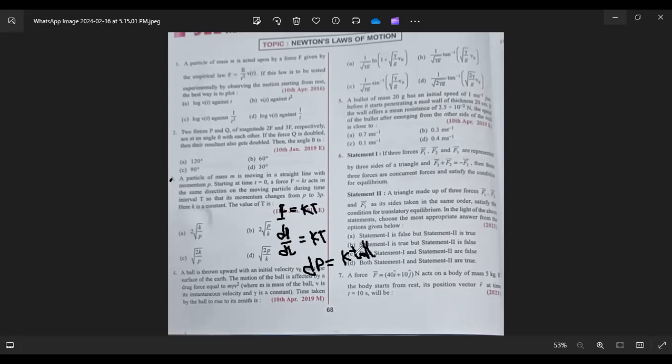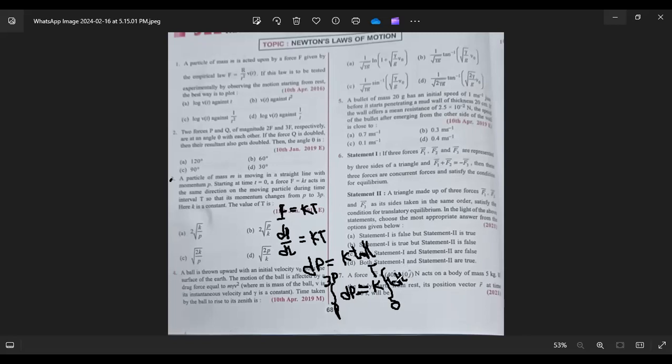Now we can integrate this equation. On the left, the first value is p and the momentum is increased by 3 times, meaning 3p. On the right side, k remains constant, with initial time 0 and final time capital T, and here is t into dt.